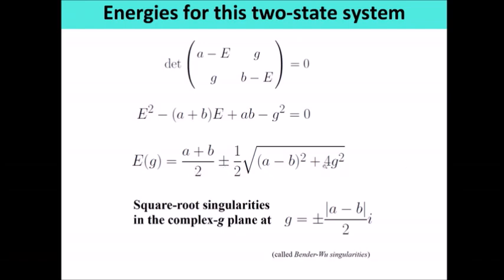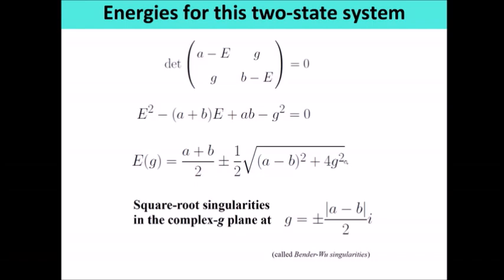And you remember what I said before, I said that complex variable theory is very important in explaining the square root function. And you notice that this energy has a square root function in it. And the singularities, the square root singularities, occur where the argument of this square root vanishes.